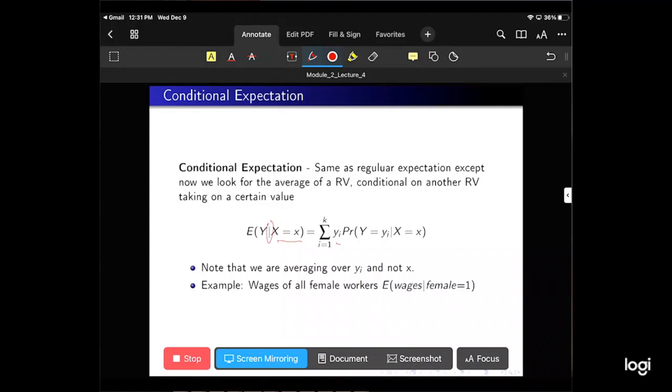Notice we're taking the average over y, not x, and so we get yi times its conditional probability. An example of this would be the expected value of wages for female workers. We could write that as the expected value of wages conditional on the variable female equal to 1. This is different than the average wage amongst all workers, which would be a different outcome than the average wage for just females.